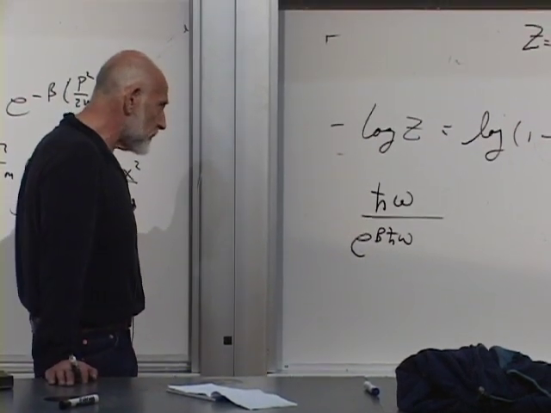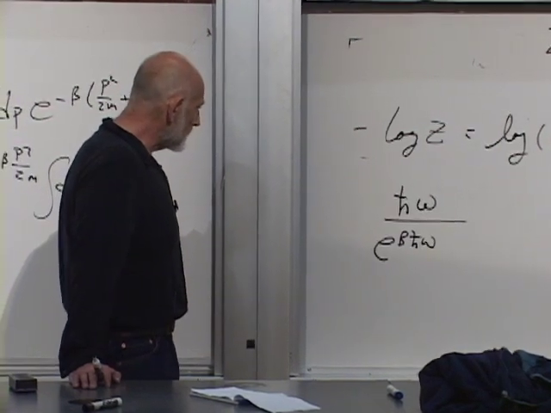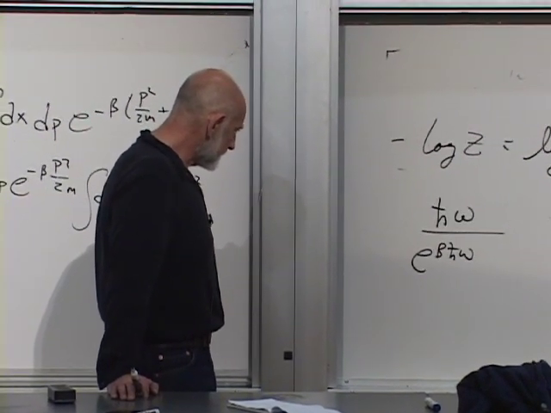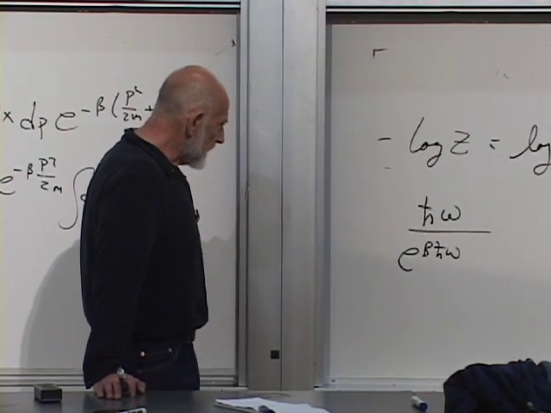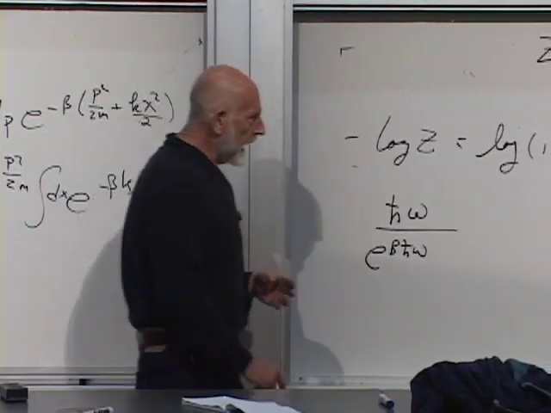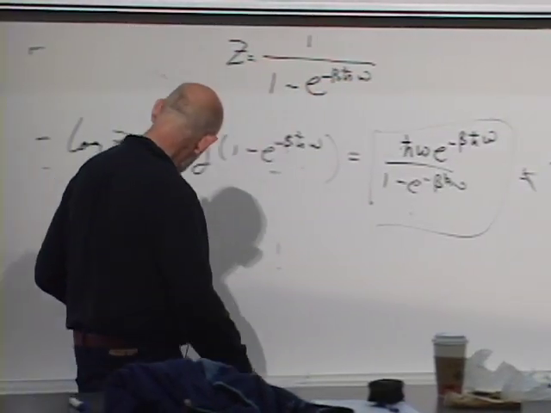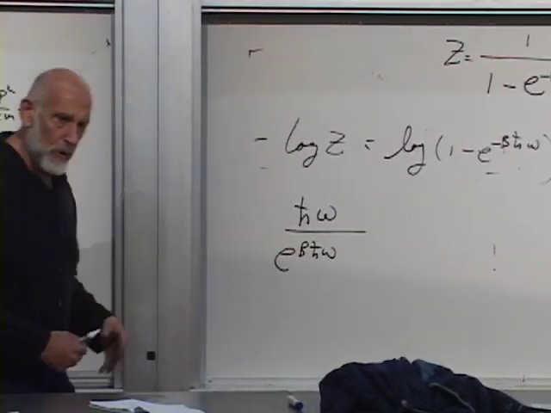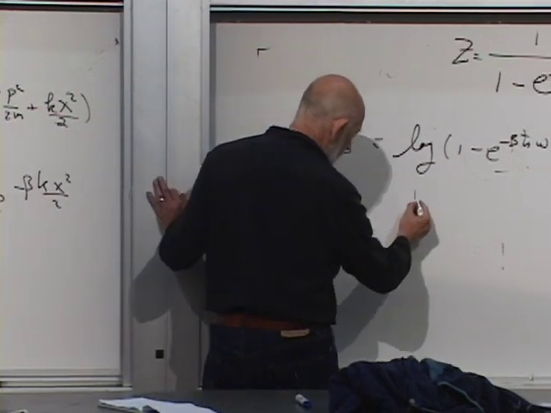Is there anything else worth saying about this at the moment? Well, that is the important thing. Oh, yeah, one other point. Where is the crossover? At high temperatures, it's T. At low temperatures, it's this exponentially small thing. Where does it go? So let's see, what does it look like?